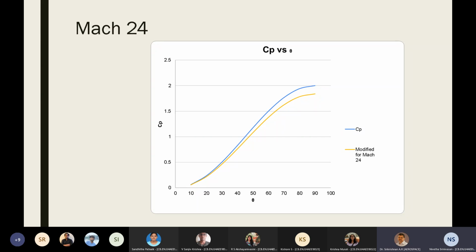What could be the reason for that? Not sure, sir. Why do you see a variation in CP when theta increases with Mach number? Think about it, because that's an obvious conclusion you can draw from the graph. Just ponder over why it is becoming more.